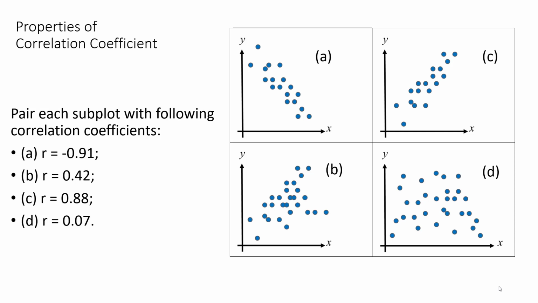Conversely, the top right plot shows a clean upward trend, therefore we have a correlation coefficient of about 0.88. In comparison, the bottom left has a less positive association, therefore we pair it with correlation coefficient 0.42. Because the data points on the bottom right don't show any linear pattern, the correlation coefficient would be near 0.